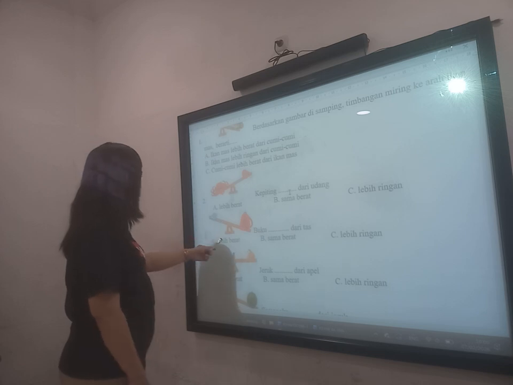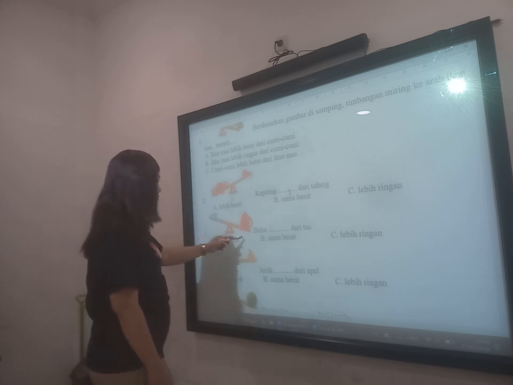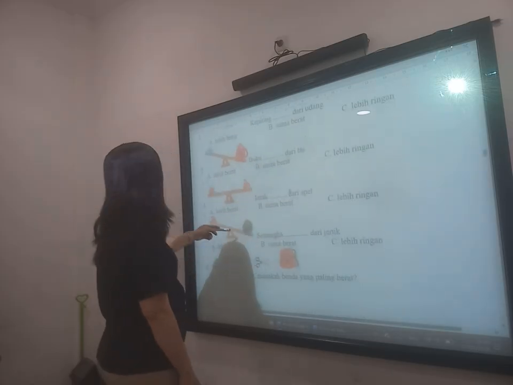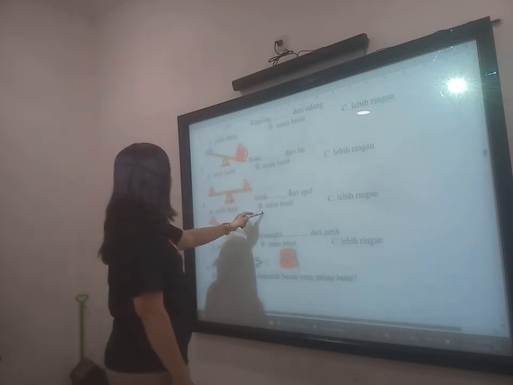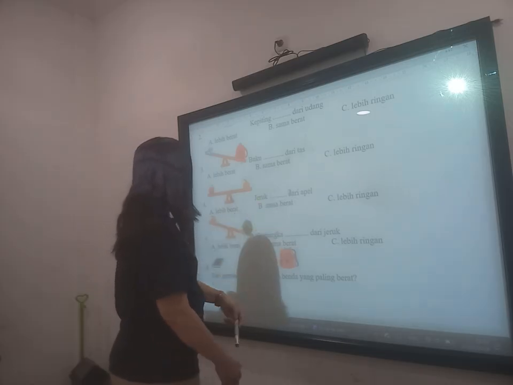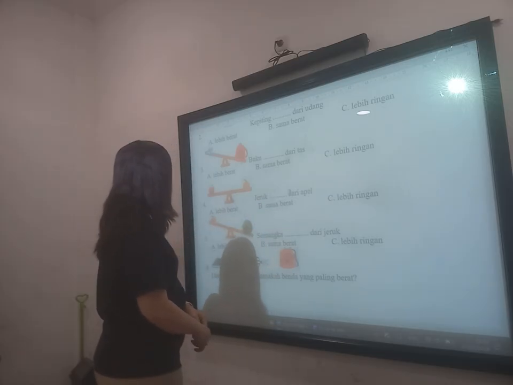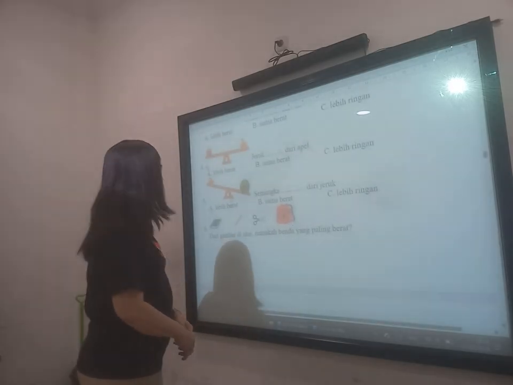Buku lebih ringan dari tas. Jeruk sama berat dari apa? Is it the same? Sama berat. Number 4.